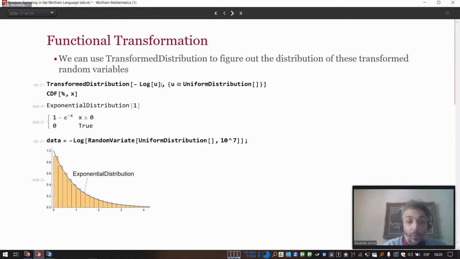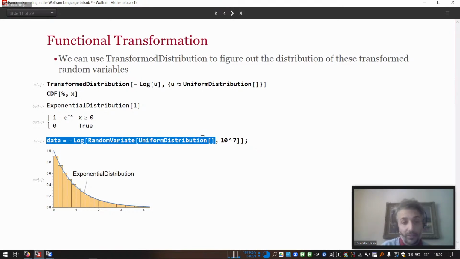For instance, if we use a simple invertible function like minus log on a uniform distribution, TransformedDistribution knows that this is the exponential distribution. We can see that the CDF is essentially 1 minus the inverse of this log that I used here. This is a valid way to sample from it. It's not the one we use, but it's fast enough.